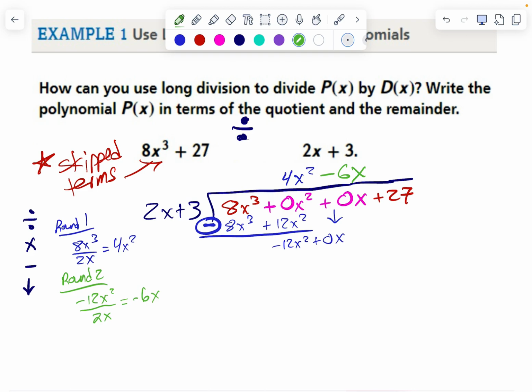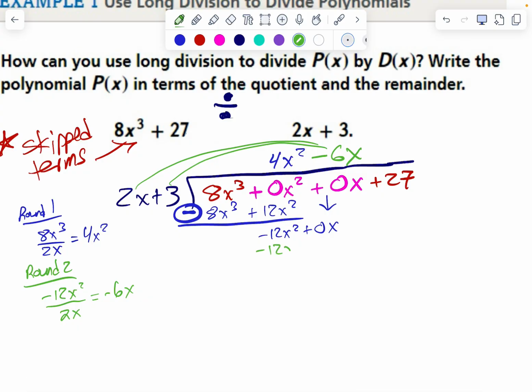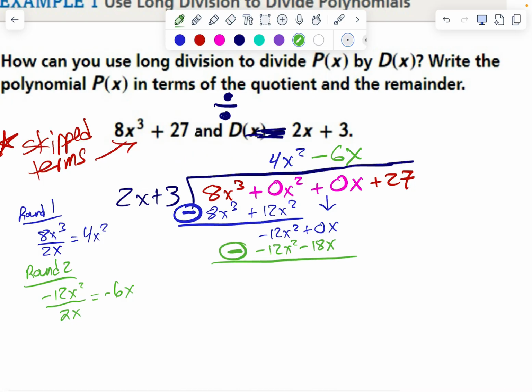That's the division. Now we multiply all the way over. So 2x times negative 6x, negative 12x squared. 3 times negative 6x, negative 18x. Good? Okay, make your subtraction obvious.